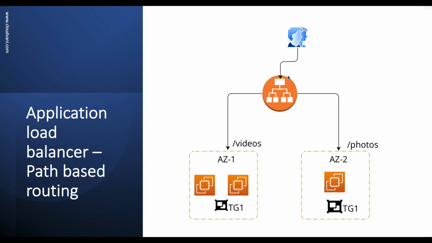At the same time, if you are accessing /photos, which is configured in availability zone 2, and not configured in AZ1, whenever a user tries to access the photos, the load balancer is going to route the traffic to /photos. In this way, you can configure path based routing to make sure users access the right instance whenever they are accessing a particular path.